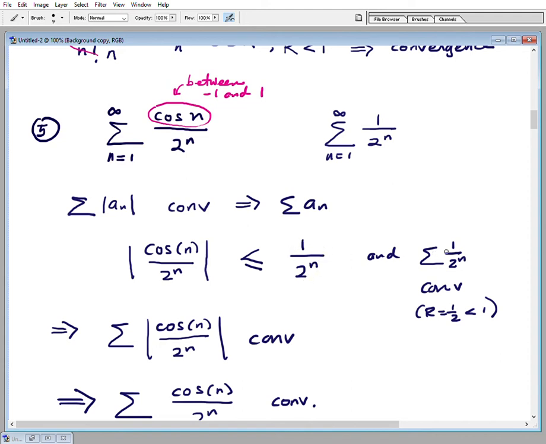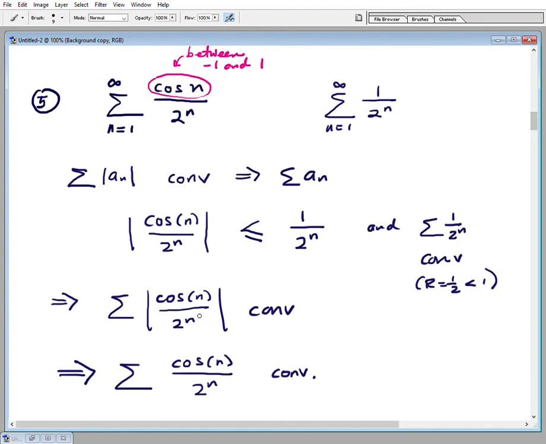And the sum 1 over 2 to the n converges. So this one is actually smaller because these numerators are less than or equal to 1, so in general they're smaller than these terms. So this one converges, so that one does as well.